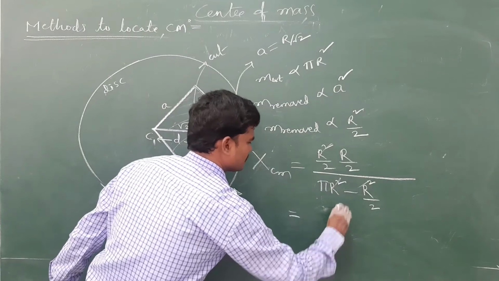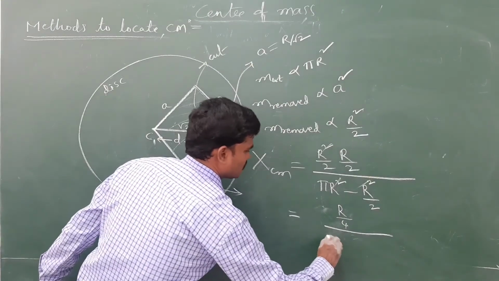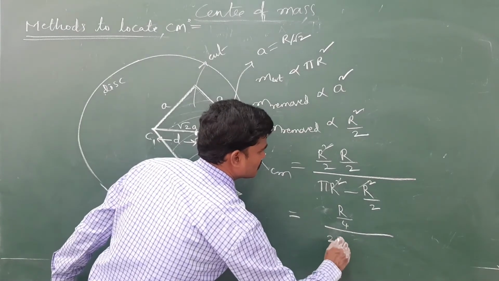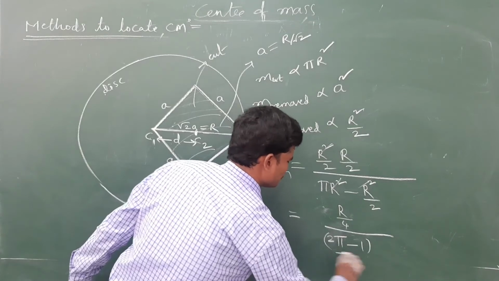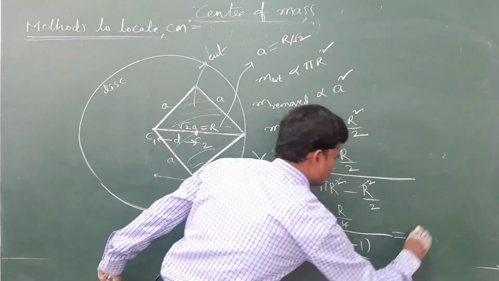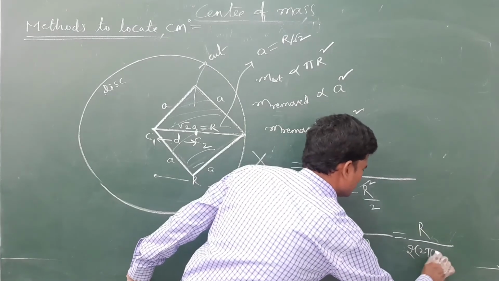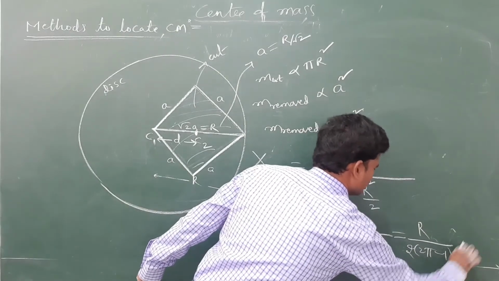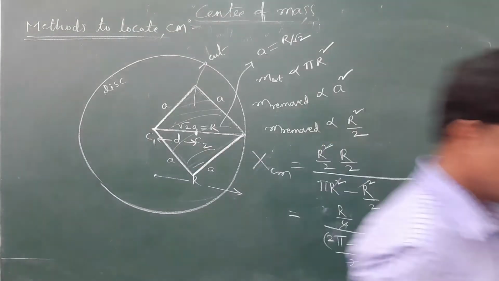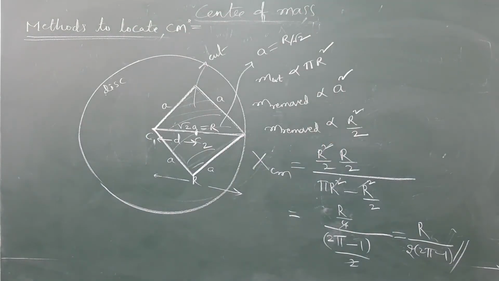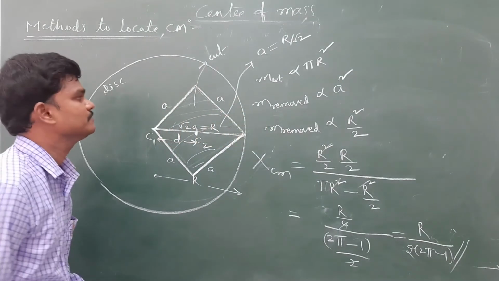You will get R by 4 into 2 pi minus 1 whole by 2. Now R by 2 into 2 pi minus 1. Okay.